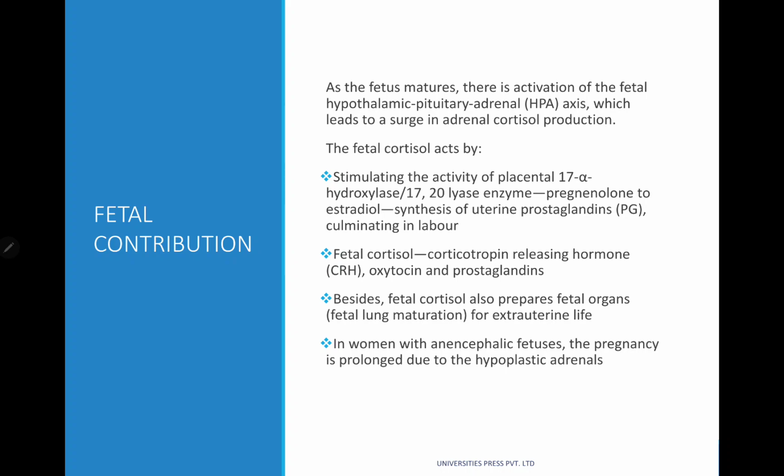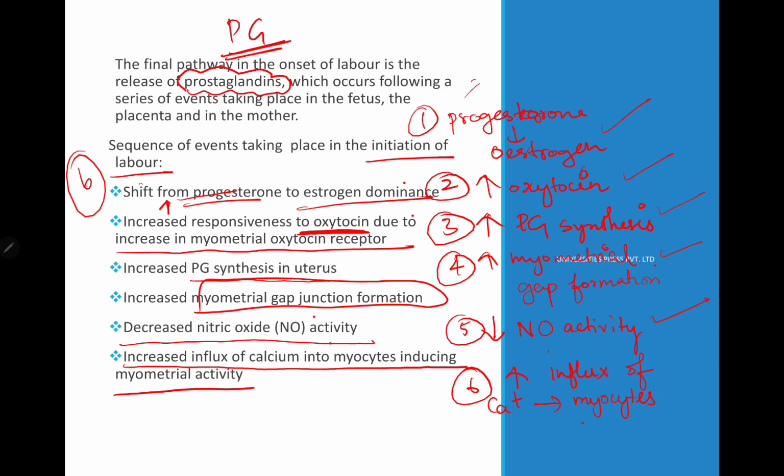So what is going to be the fetal contribution? Whatever we studied about the initiation of labor, these 6 points support the maternal factors. Everything is occurring in the mother's uterus.